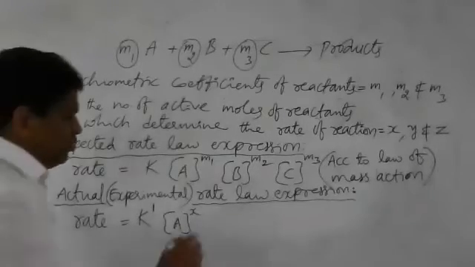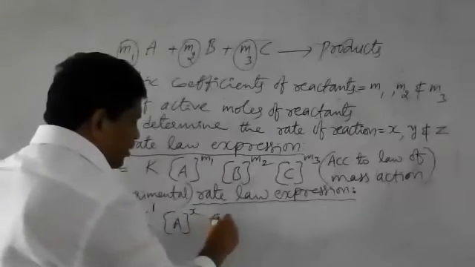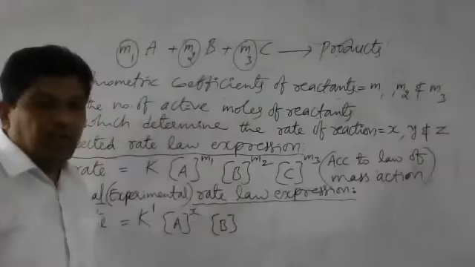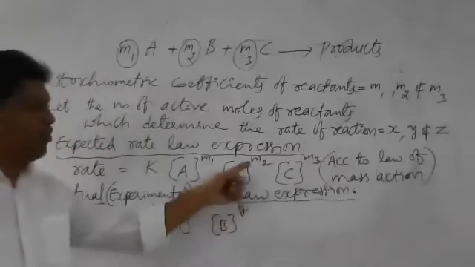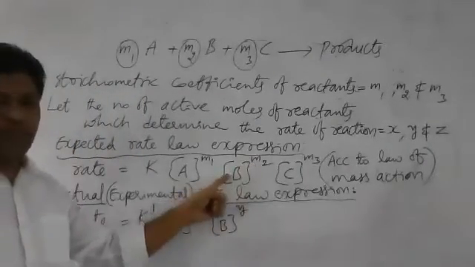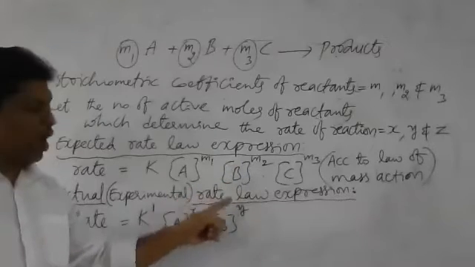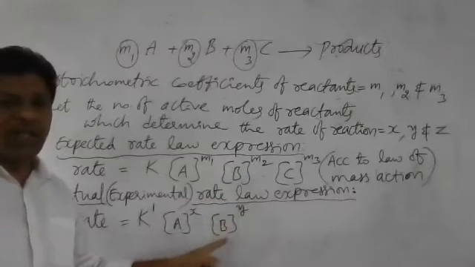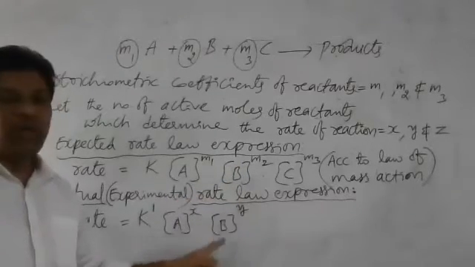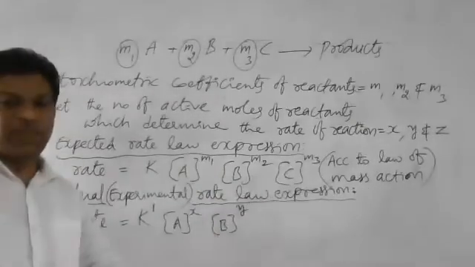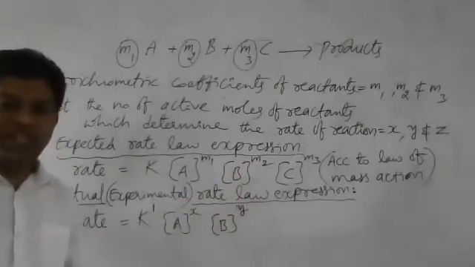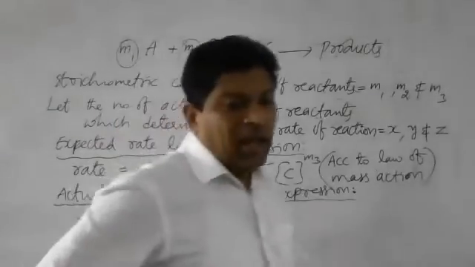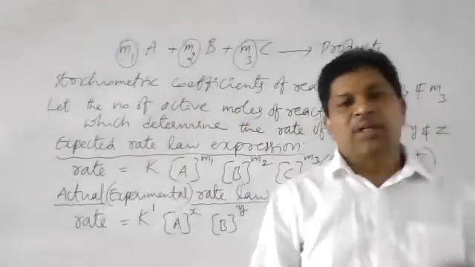Is that clear? Into concentration of B to the power of Y. That means from M2 moles of B, how many moles are actively determining the rate of reaction? Y only. Out of M2 moles of B, only Y moles are actively changing their concentration and determining the rate of reaction.